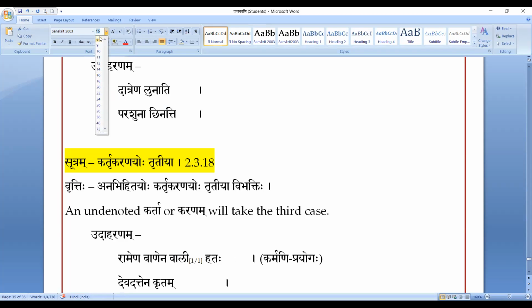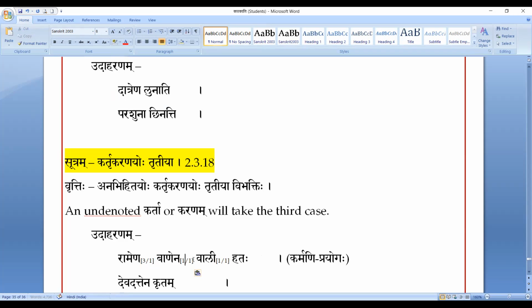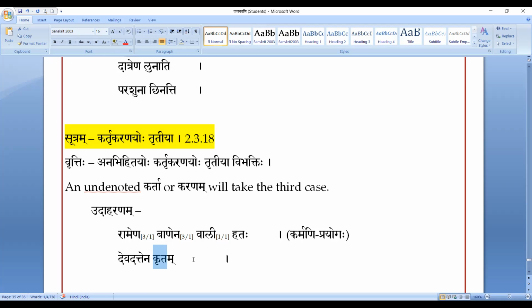In Karmani Prayoga, karma is Abhigita. Abhigita karma, Pratama Vibhakti Bhavati, we know that. And Anabhigita Karta, Tritiya, and Anabhigita Karana, that also in Tritiya. Now this is Bhave Prayoga. Kru dhatu can take karma, but here karma is not mentioned, only karta is mentioned.